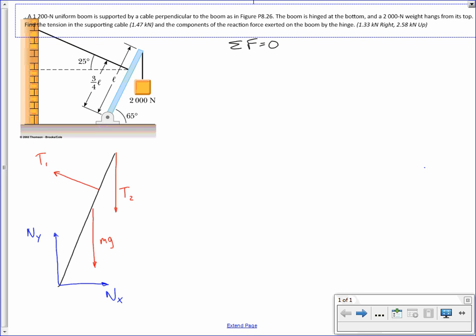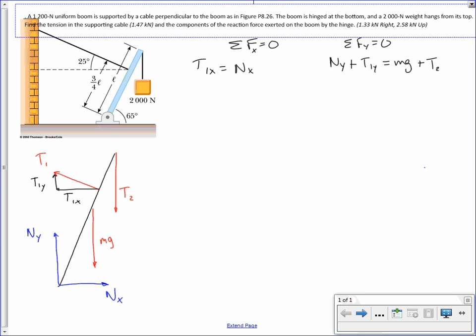Here's T1x, T1y. If net force in the x, we would have T1x equals NX. And net force in the y, we would have NY plus T1y equals mg plus T2.